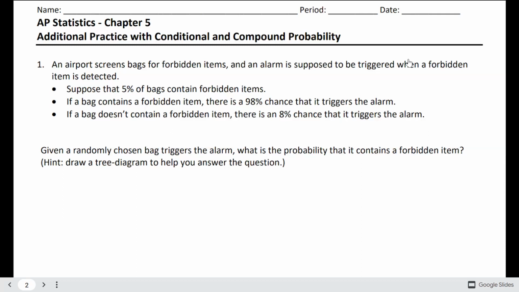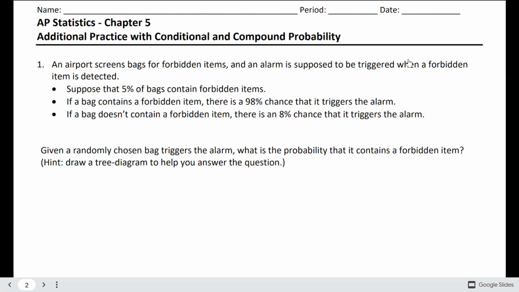Here's where our conditional probability comes in. If we're up here, if somebody decided to pack something forbidden, what's the chance that it sets the alarm off? 98%. So up here, 0.98, that if it really contains a forbidden item, so I'm up here, it sets the alarm off 98% of the time.